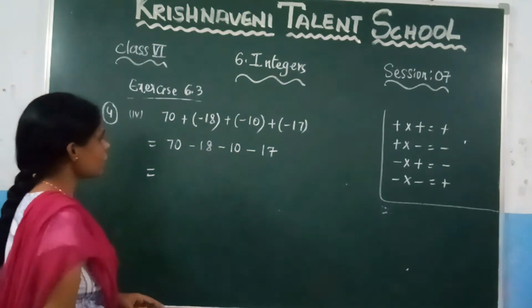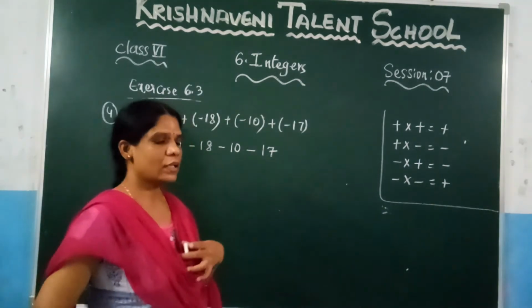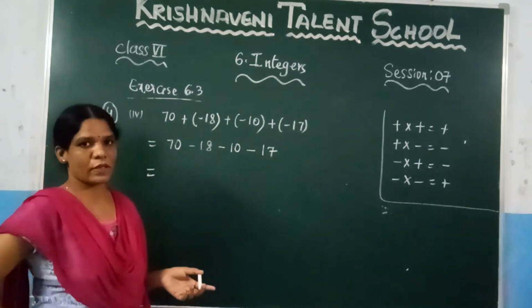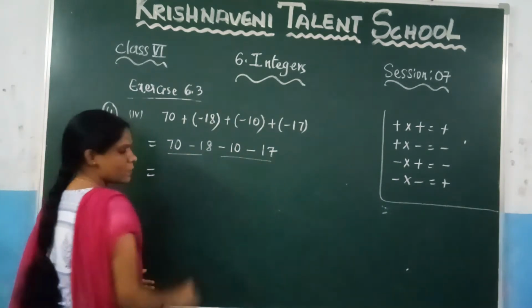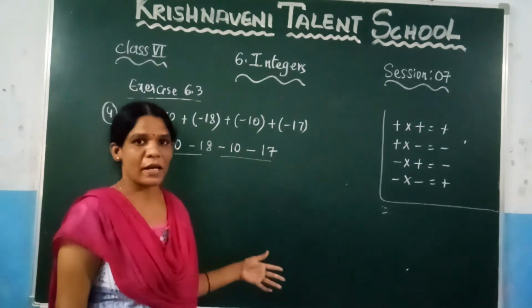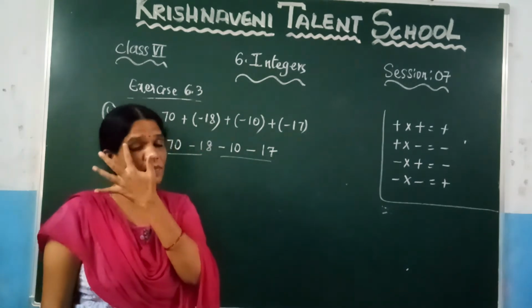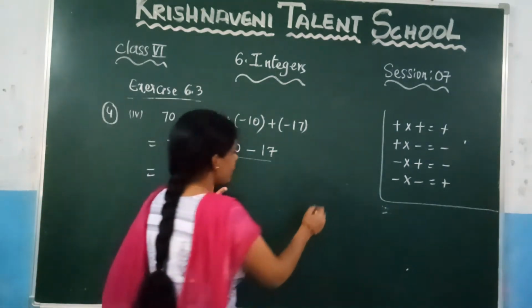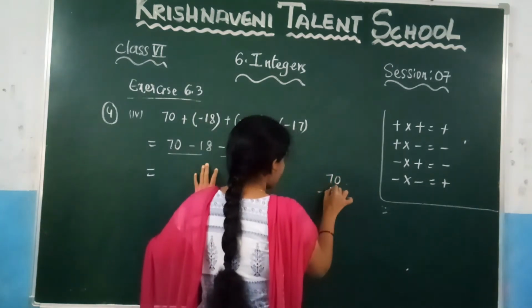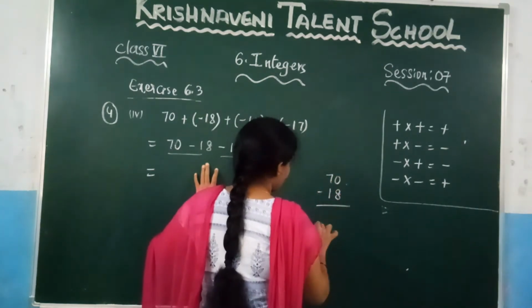Now let us solve these values. Again, you can solve it any way. Now let us solve these two numbers and again these two numbers, because we are following the pattern from the first problem itself. Let us solve these two numbers. What is the first number, which is 70, and what is the other number, which is 18?